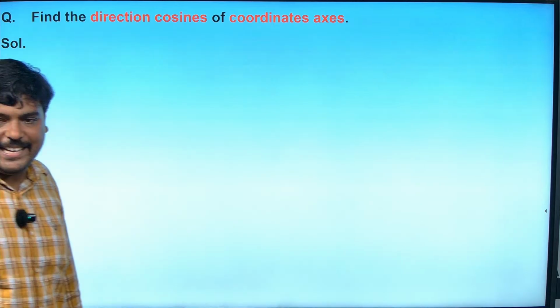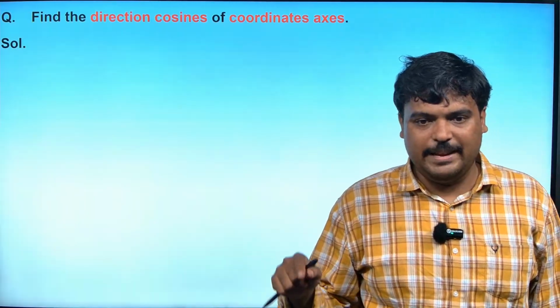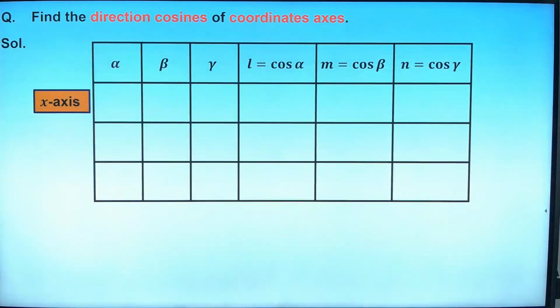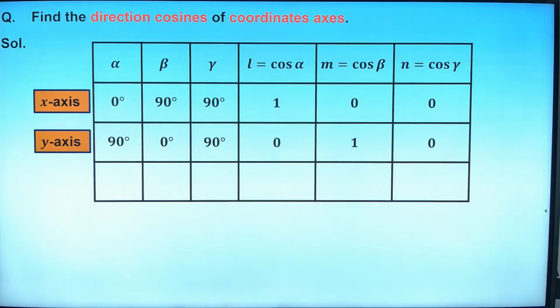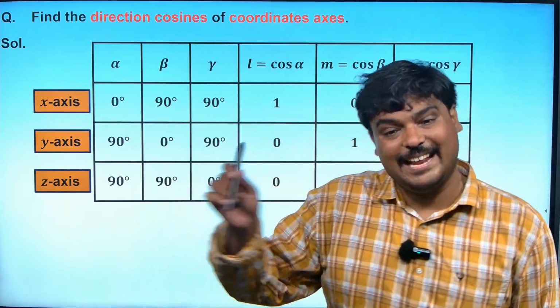Find the direction cosines of the coordinate axes. Guys, what are the coordinate axes? There are three axes, x, y and z. For the first axis, alpha beta gamma will be 0, 90, 90. Then this will be 90, 0, 90. I already told you, consider a line.